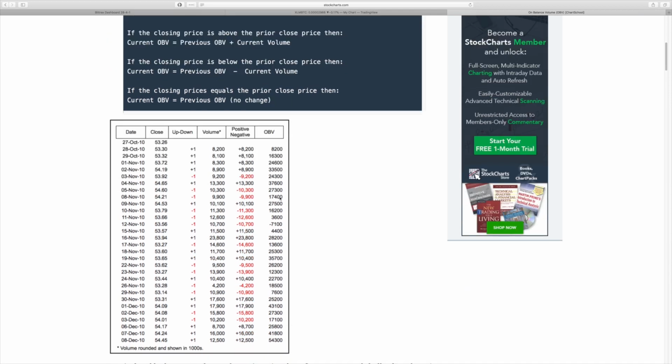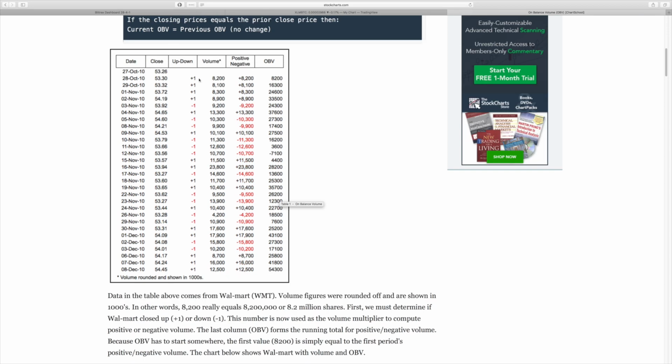Here's a chart that illustrates that. You've got a close of 53.26. That's the beginning of the volume tracking, so that has no up or down because it's the very first one. Then the next one we have here, 53.30, is above the prior period's close, which these would be daily candles if they were using candles for this. As a result, it's a positive, +1 up.